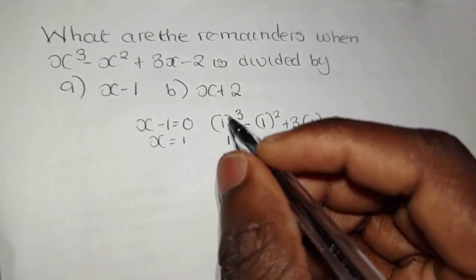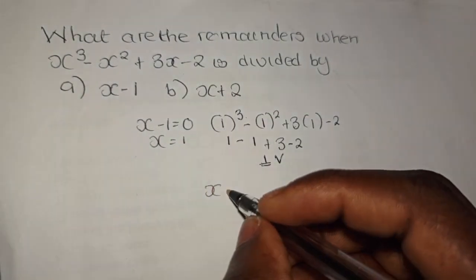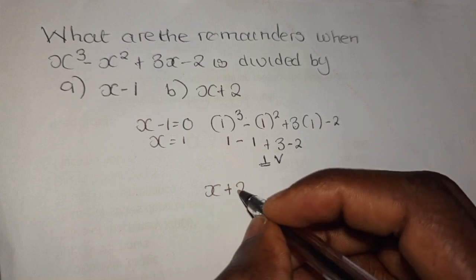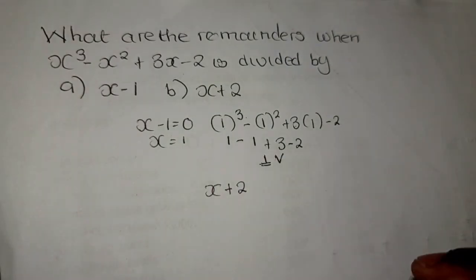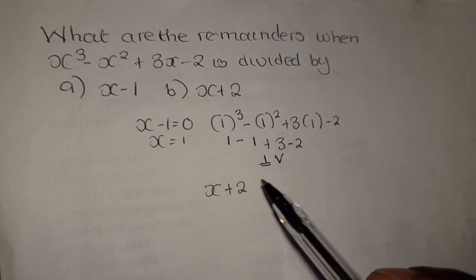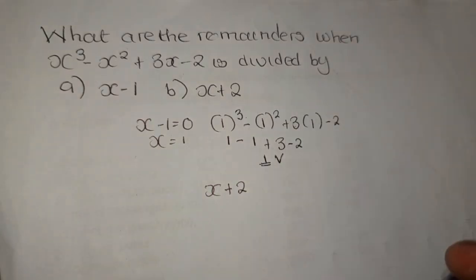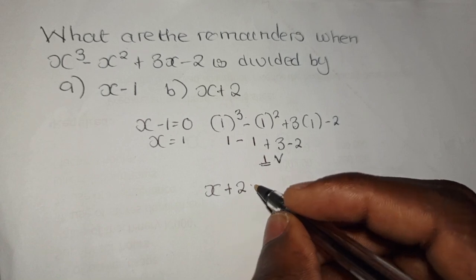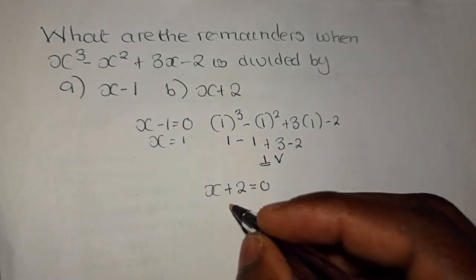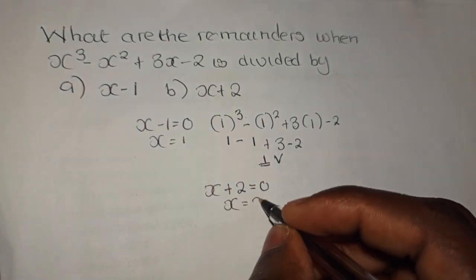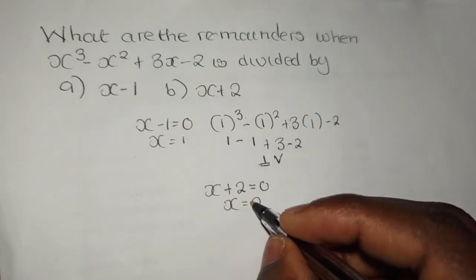Then the second question is dividing x plus 2 into the polynomial that we have been given. We can also use functions to find the remainder by equating this equal to 0, and you have x is equal to negative 2 here.